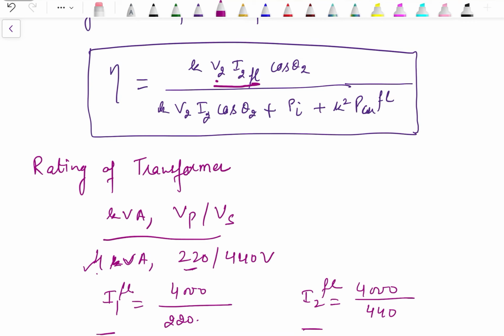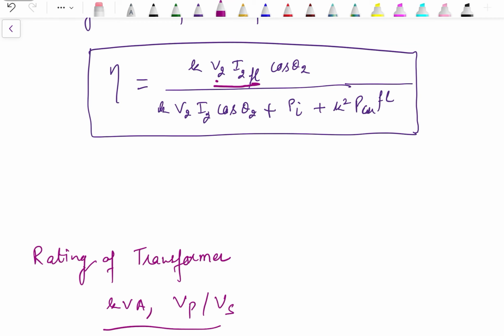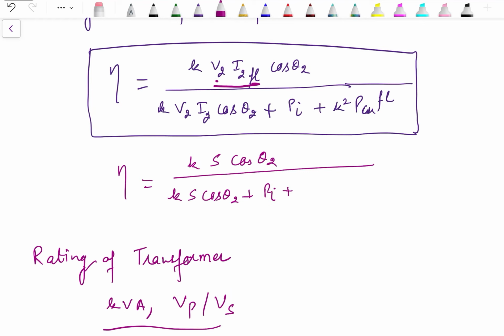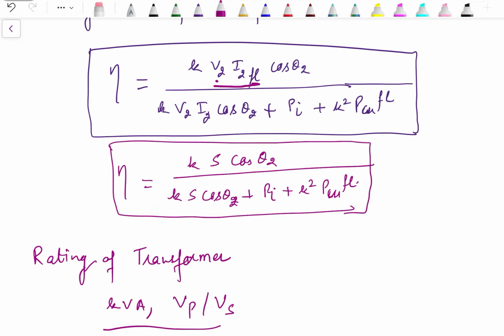So this expression can also be written as K times S cos theta 2 upon K times S cos theta 2 plus Pi plus K square PCUFL, where S is the apparent power.